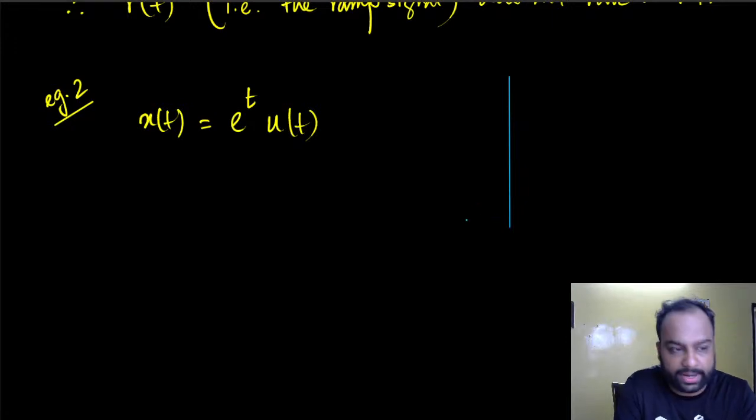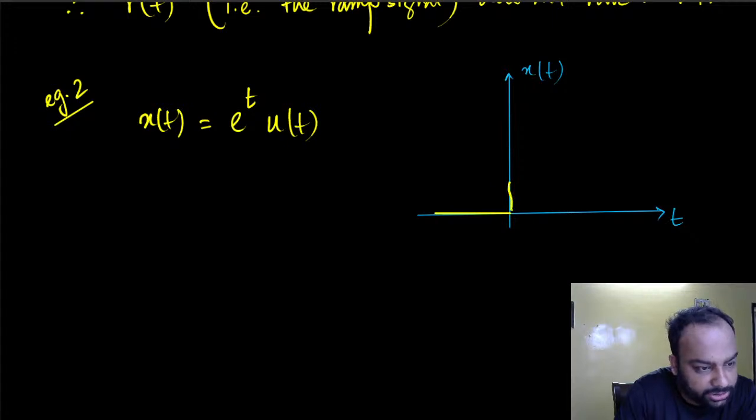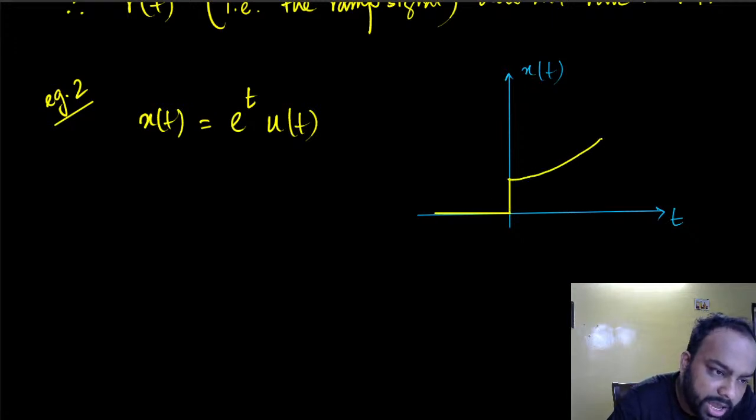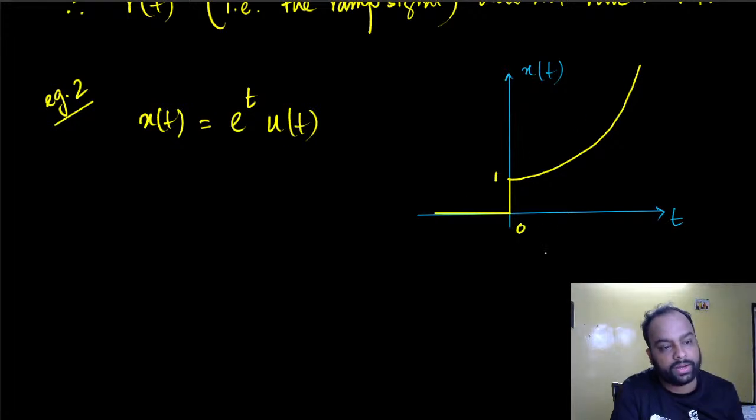So we are ensuring that. And this signal has a 0 value there, and it jumps to a value of 1 at t equal to 0. And from there it rises up. So this is the value of 1. That's your typical exponential signal.